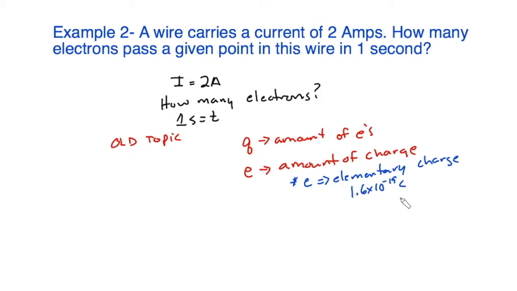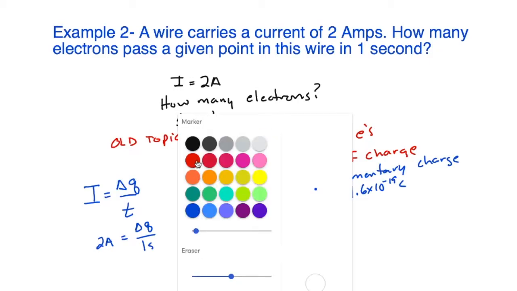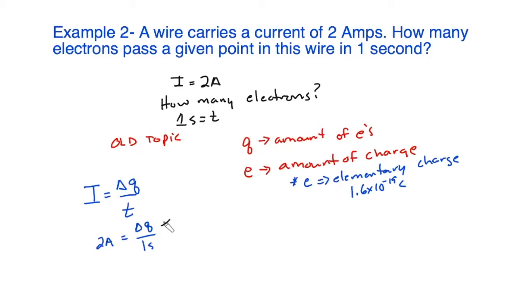All right? So when I use this formula and I say that I equals delta Q over T, I am given 2 amps. Guys, remember, please, and this is so, so important, this is not how many electrons.